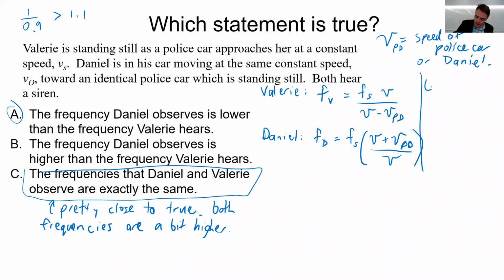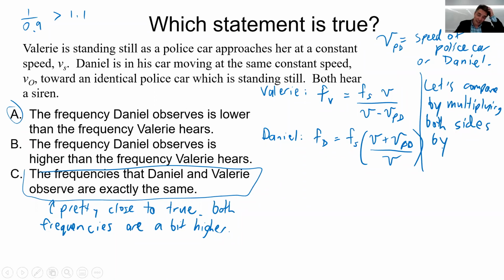Let's compare by multiplying both sides by, I like to get rid of the denominator sometimes, so I can multiply by V minus VPD. So VF times V minus VPD is just equal to FS times V, because it just cancels out.